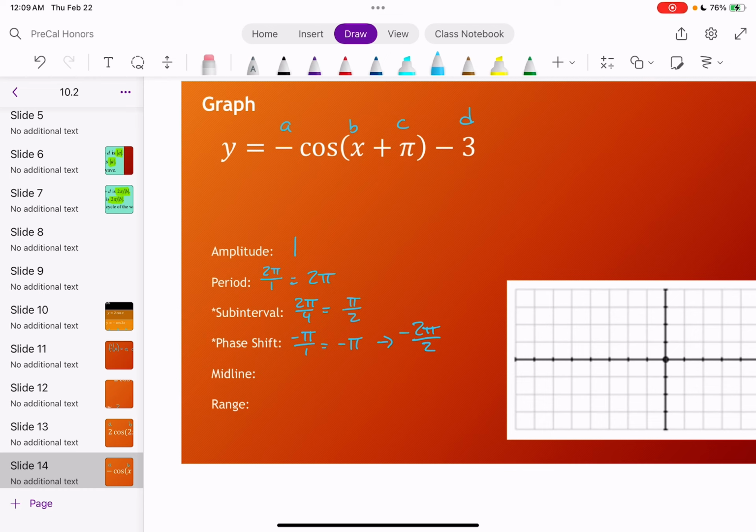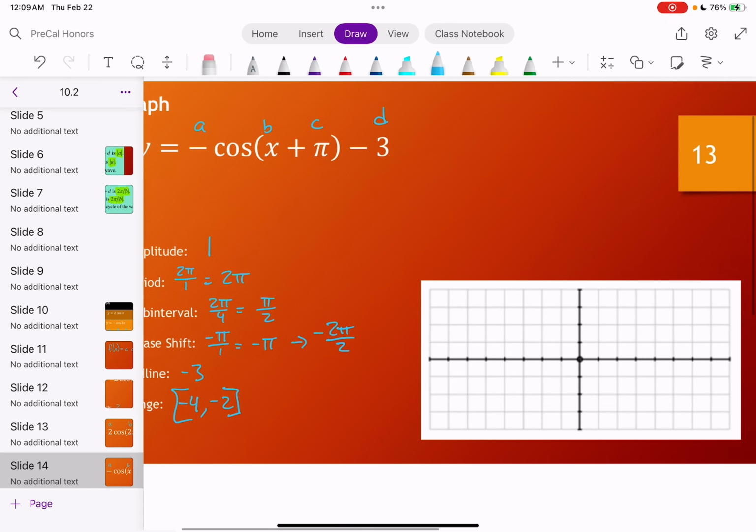Our next step would be our midline. Midline is D, which in this case would be -3. We go ahead and add and subtract 1 from -3. So if we were to subtract -3 minus 1, that would give us -4 as our minimum. And our maximum would be adding 1 to -3, which is -2.